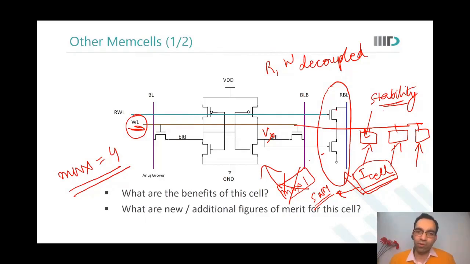See, if BLFI was 1 and you take RWL to 1, what happens to RBL? It discharges. If BLFI is equal to 0, what happens to RBL? It doesn't discharge, sir. So I have distinguished between 0 and 1. What does reading mean? I should be able to tell whether inside the cell there is a 0 or a 1. That I'm able to distinguish on the RBL.